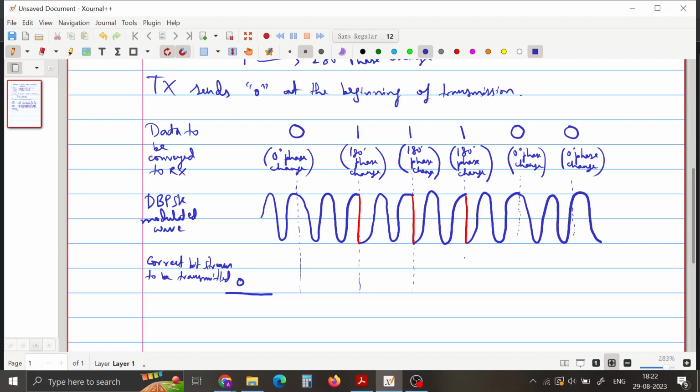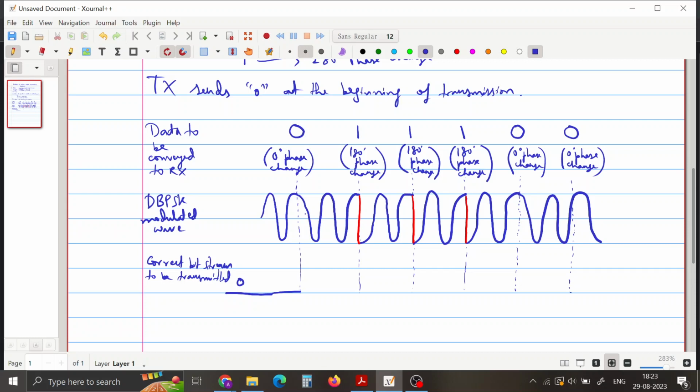Just extend these dots. Fine. So initially I have 0. Now for the bit 0 there is no phase change, right?